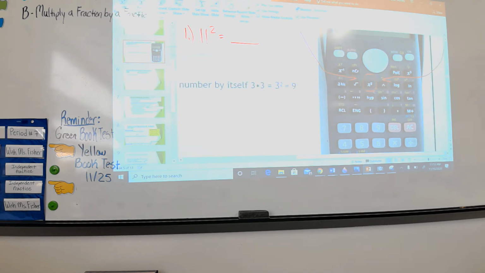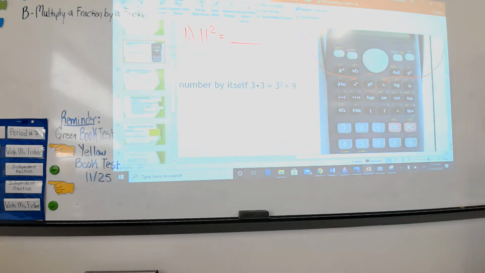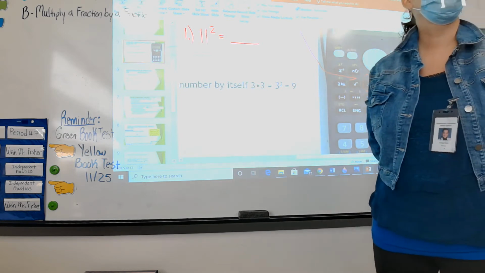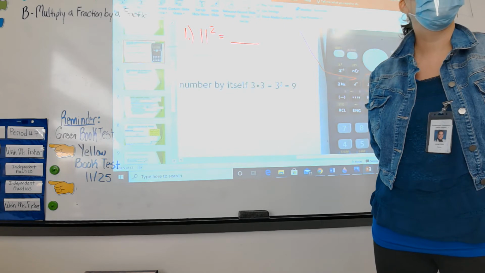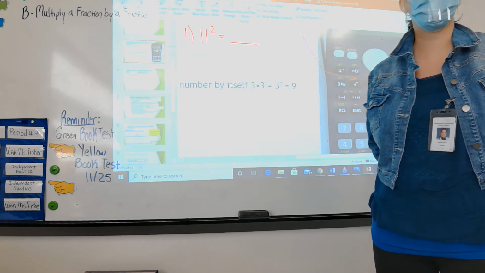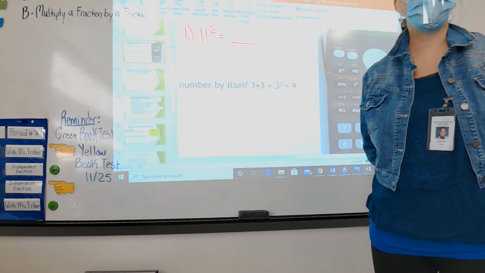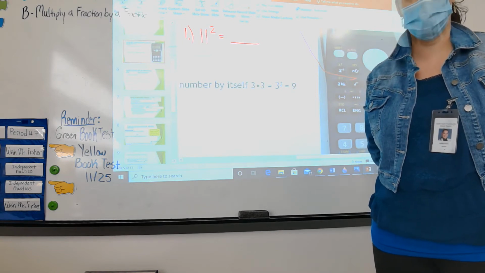See how it looks exactly like mine? Do you even need to press the equal sign? Nope. That's why I got you those calculators. Makes life easy for y'all. What'd you get? 121. Perfect.